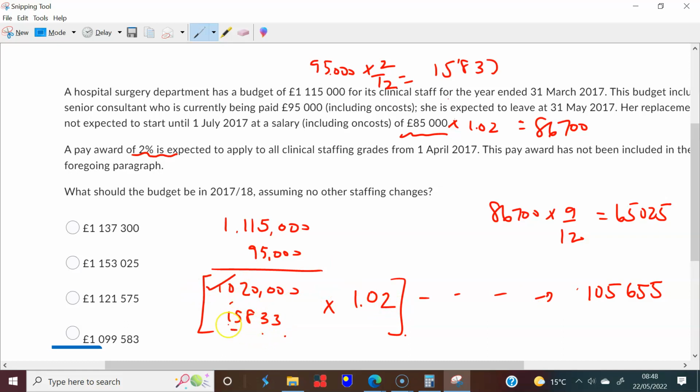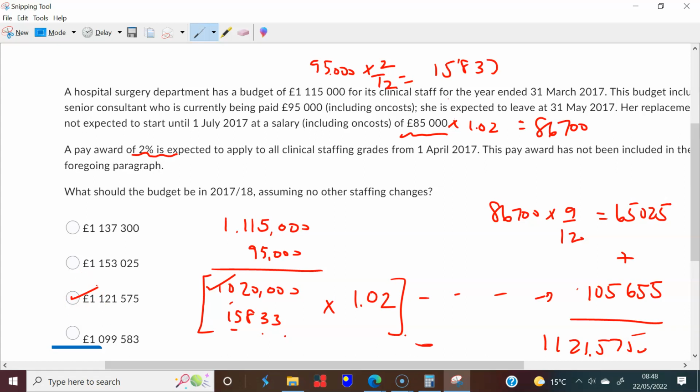They will get 2% on that little amount they're with us for. And then you add those two together and you get 65,025, and you have 1121575 if you want to approximate it, and it's over there, right? And that's kind of how you work that.